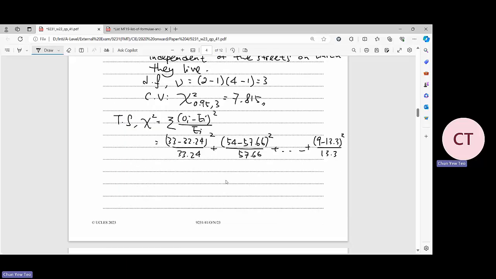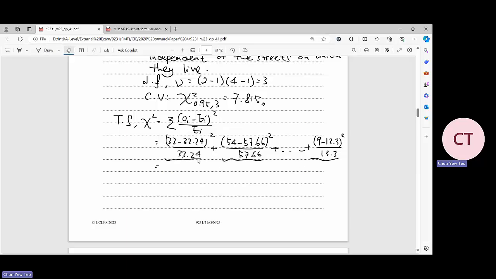Usually I will not show these steps, because you're not supposed to show dot, dot, dot in between. You're not supposed to ignore the terms in between. But this one is just to show how to calculate. The most important thing in the exam is you need to show me the value after you press the calculator, each of the values that you press.